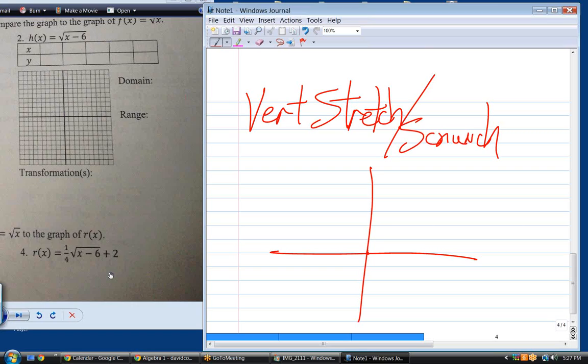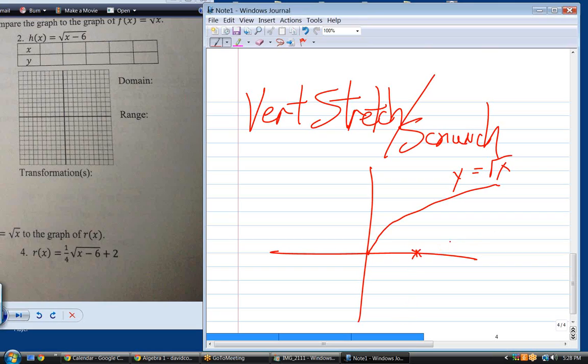So it's horizontal, you're correct. But which way? To the right. Correct. So instead of looking at this, that's y equals square root of x. Well, I'm going to start it 6 units to the right instead.